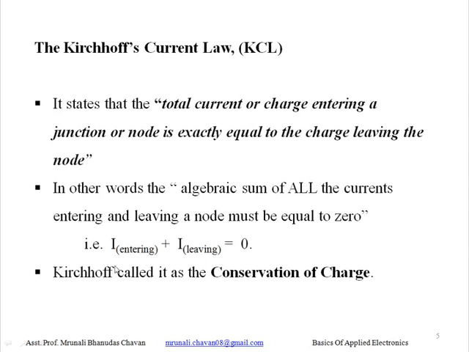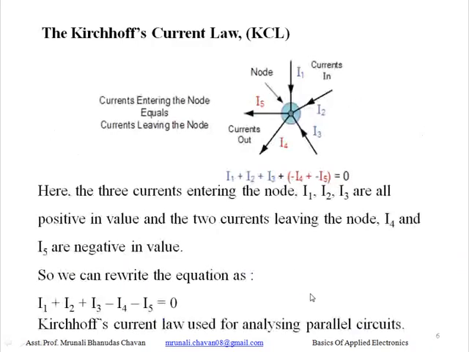Mathematically we can write I entering plus I leaving is equal to 0, and Kirchhoff called it the conservation of charge. This Kirchhoff's current law is known as the conservation of charge.